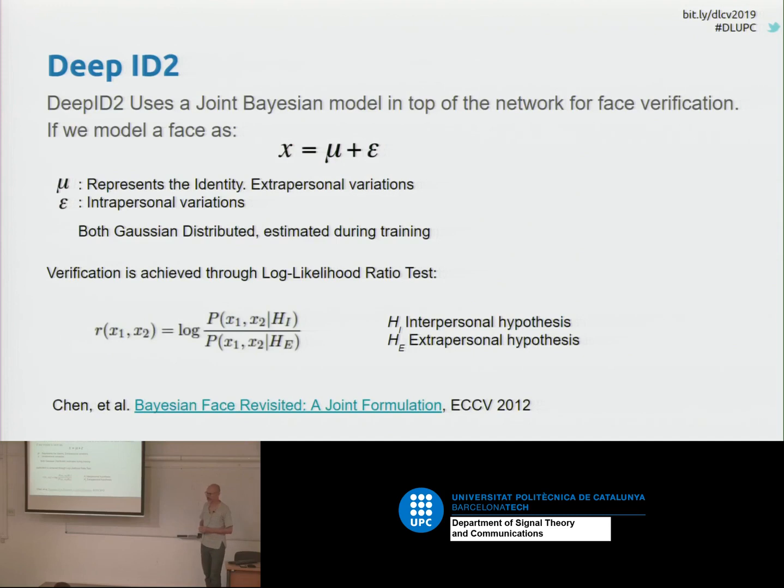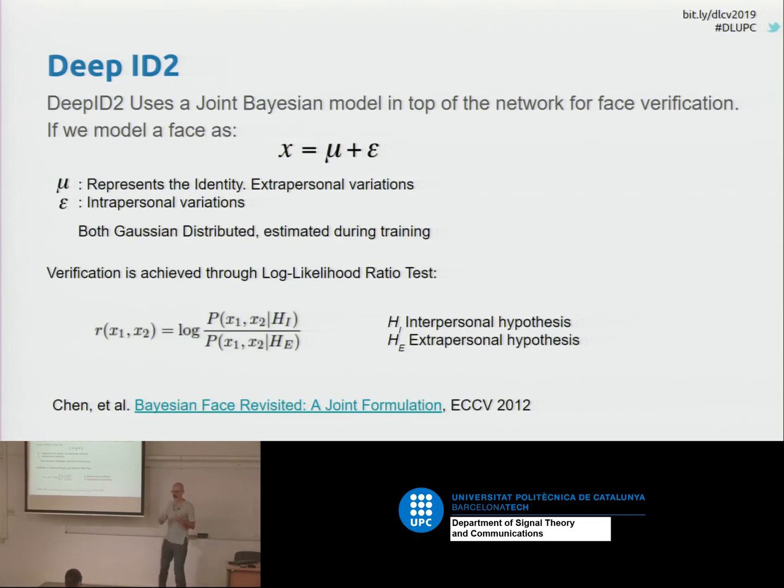Once we have the feature vectors, DeepID2 uses a joint Bayesian model where each feature vector is considered to have a part that represents the identity and a part that represents the intrapersonal variations.